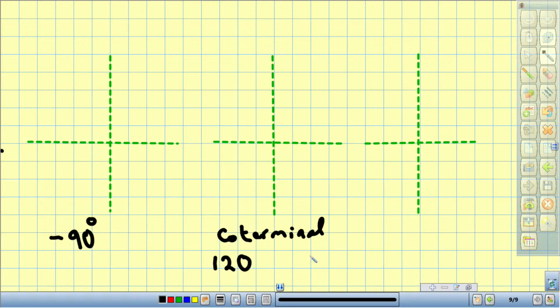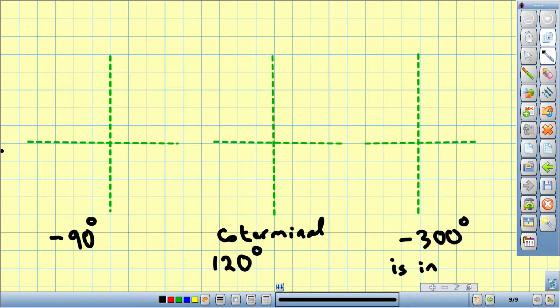I need a coterminal, another angle that lives in the same spot as this one. And the last one, I need you to find where is negative 300. Where is it? In what quadrant? Okay.